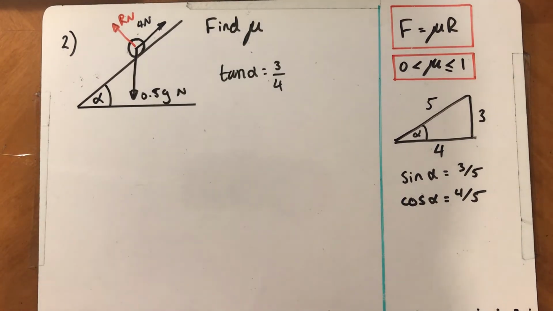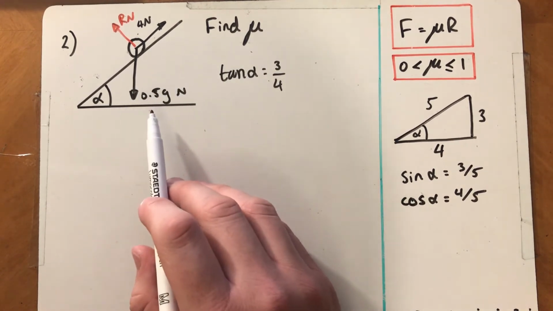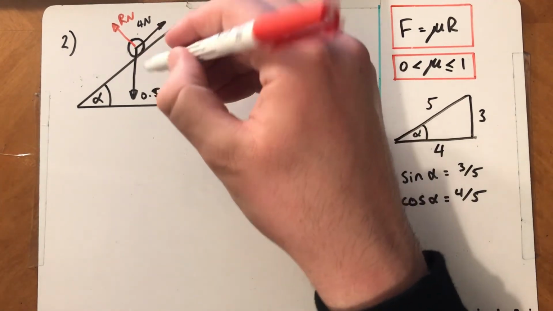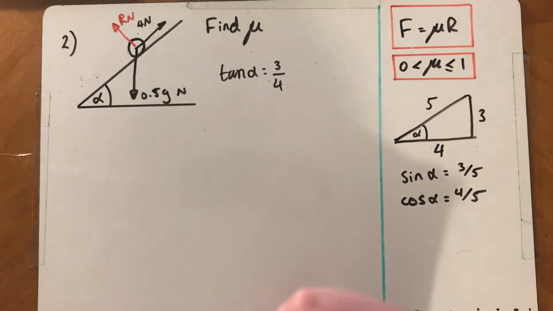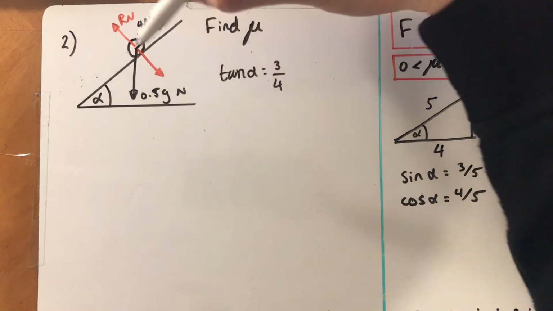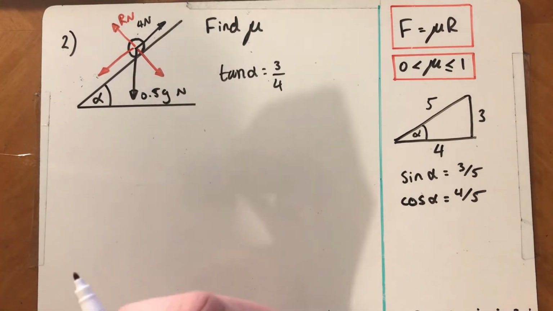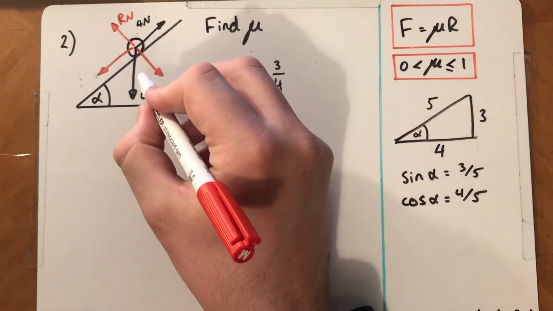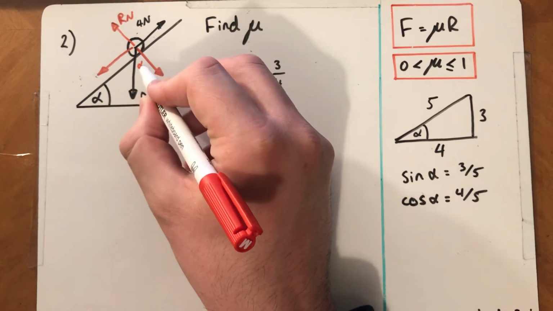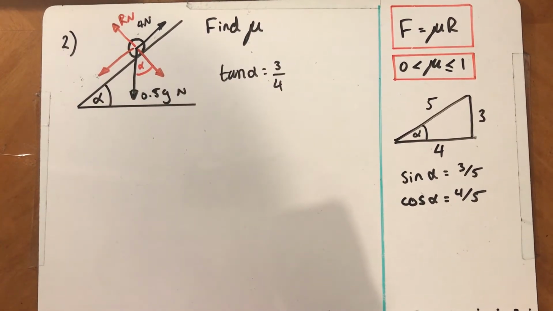Okay, so what I can do now is resolve the weight to find components into the slope and down the slope. Two components of the particle's weight. I know that this angle is alpha, and you can prove that in your own time.